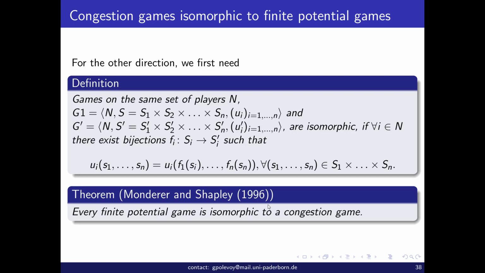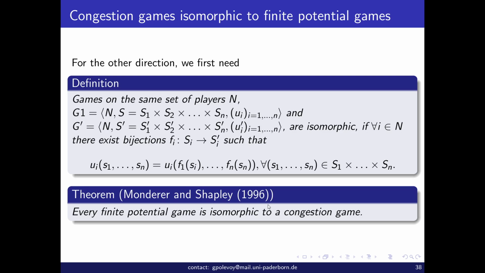G has N, strategy space S and utilities U_i. G prime has N, the same N, but different strategies S prime and utilities U_i prime, those are the utility functions. It's finite, but it actually does not have to be finite for the definition.